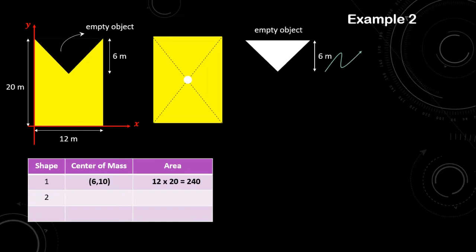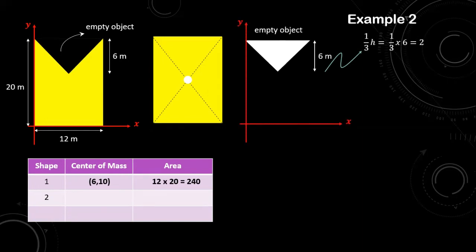So the center of mass of this empty object from the top, I think, right? It is a third of the height, equal to a third of 6. We found 2 meters. Right, everyone?